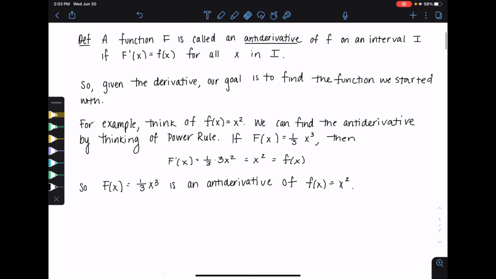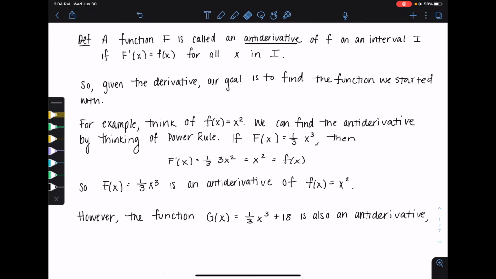Now realistically, I could pick this function: the function g of x, which is 1/3 x cubed plus 18, is also an antiderivative of our function. Because if I take the derivative of g, the derivative of 1/3 x cubed is still x squared, but the derivative of 18 is going to be 0, which still lands me back at the original function.